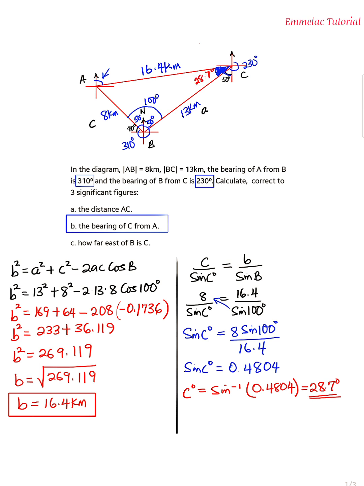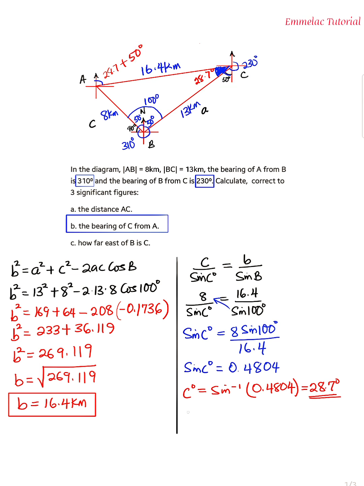So here you have 28.7 degrees, which means the value here will then be 28.7 plus 50 degrees.